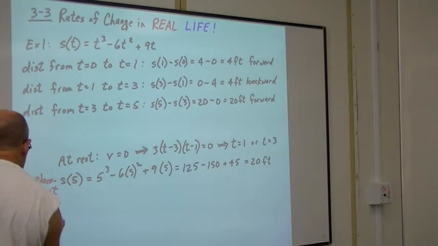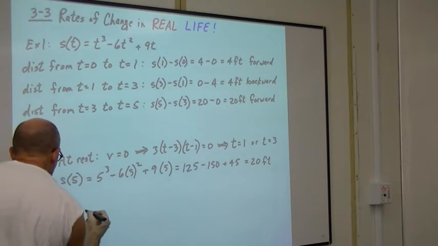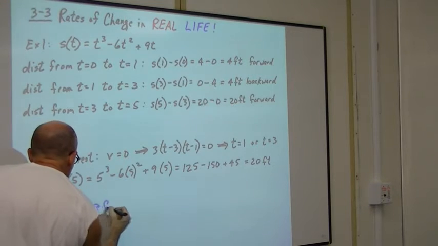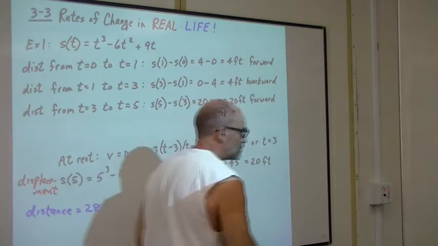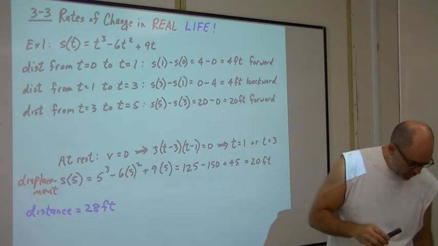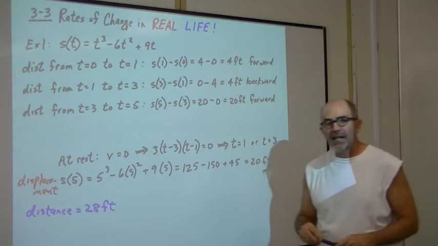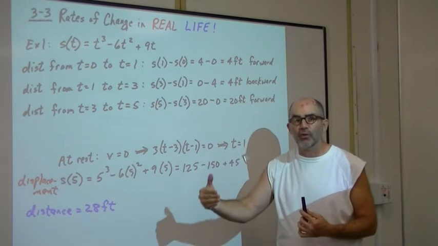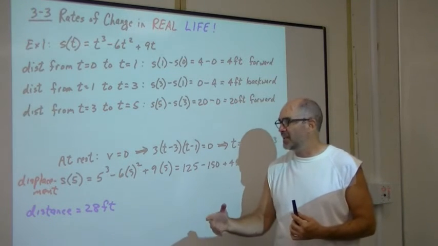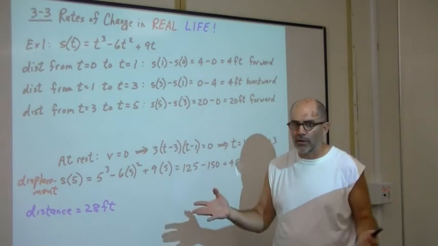The distance is 28 feet. So that is the difference between distance and displacement. Displacement is just how far have I progressed. Distance is how far did I travel, forward or backward.